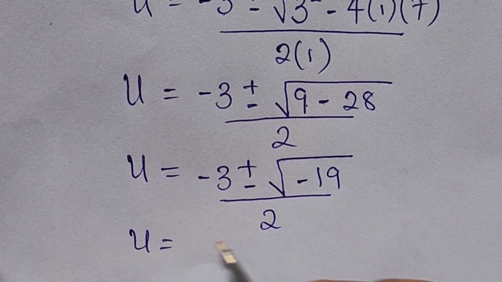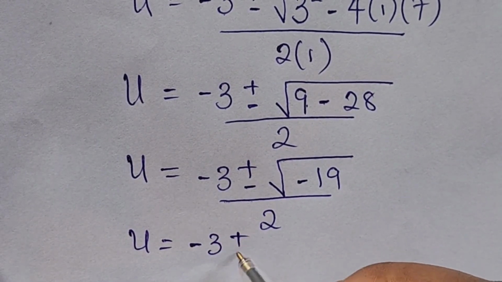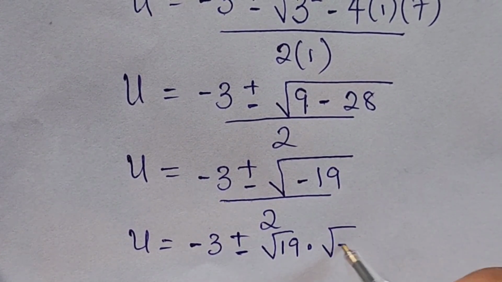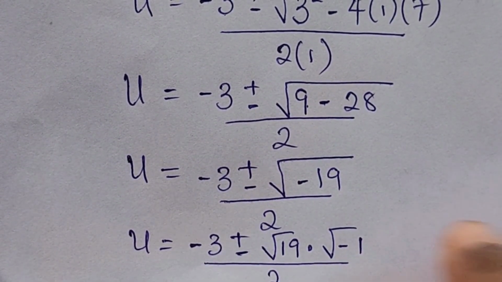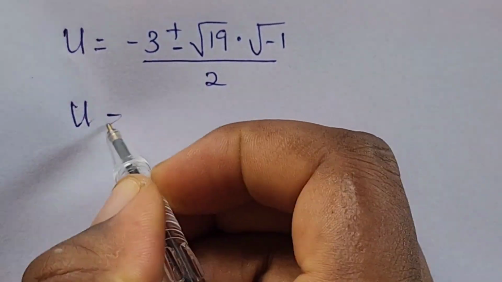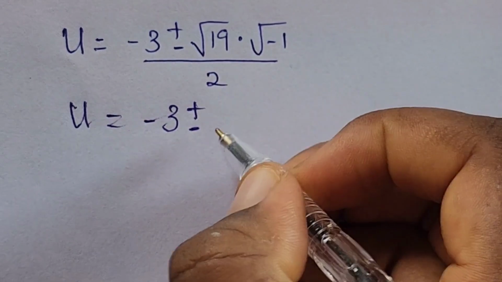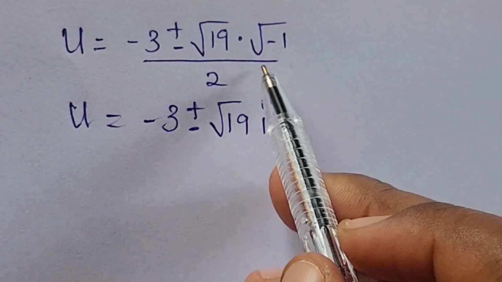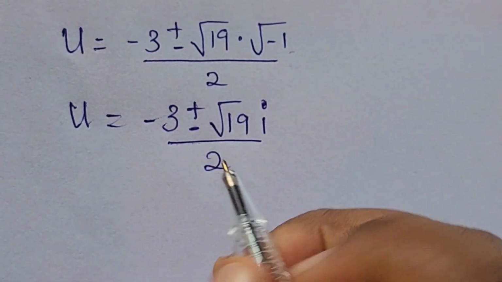So u is equal to minus 3 plus or minus root 19 times root minus 1, all over 2. So we have u to be equal to minus 3 plus or minus root 19 i. So the square root of minus 1 is i, all over 2.